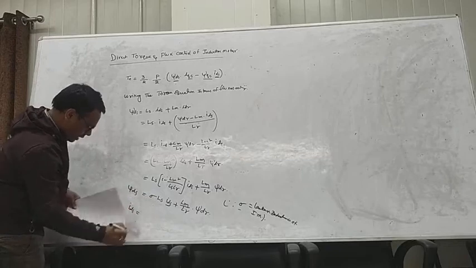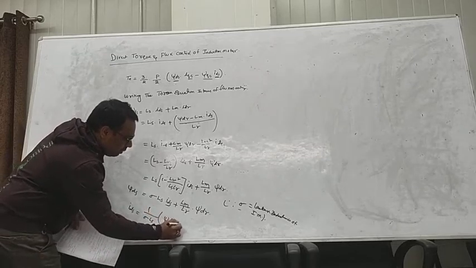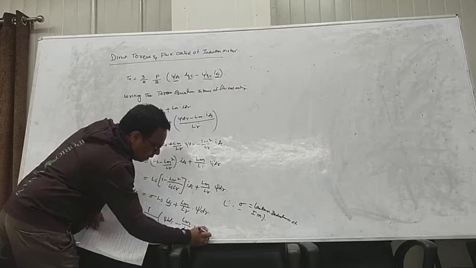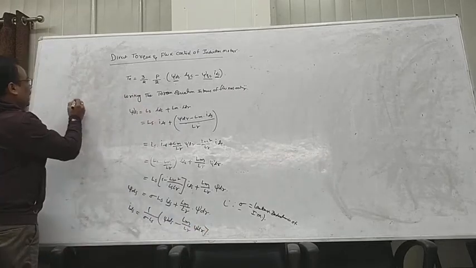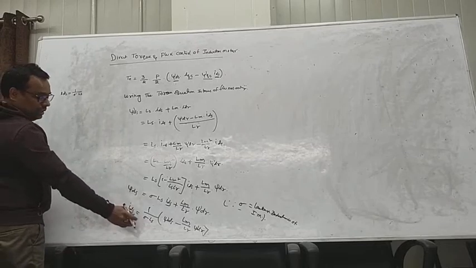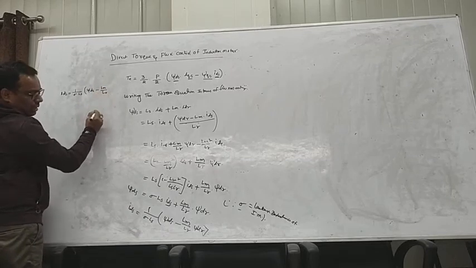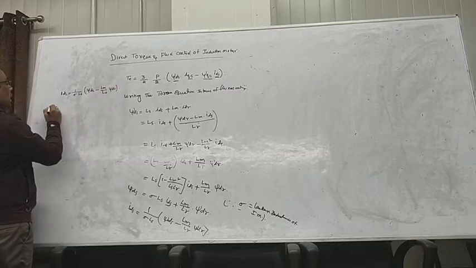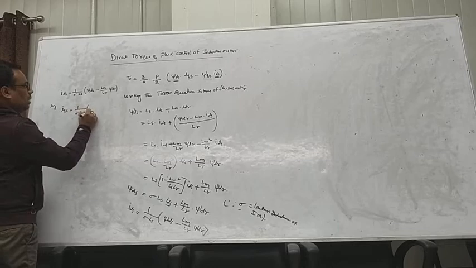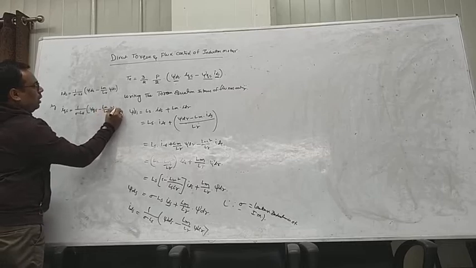So finally IDS is equal to 1 by sigma Ls into psi ds minus Lm by Lr into psi dr. And similarly, IQS is equal to 1 by sigma Ls into psi qs minus Lm by Lr into psi qr.